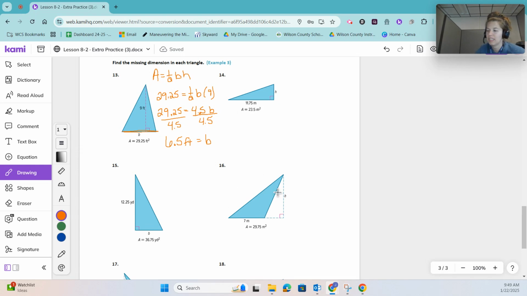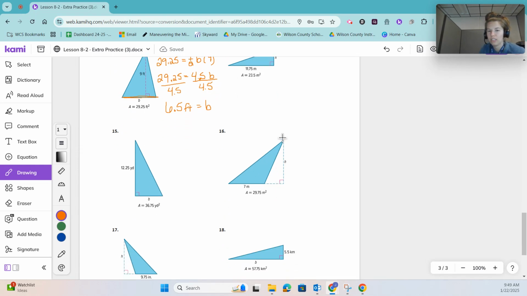Let's come down and do this number 16 because this shows the height outside of that triangle. And remember, you have to use a height that is perpendicular to that base. It doesn't have to be the edge of a triangle. So the height is this vertical distance. So area equals 1/2 base times height. 29.75 equals 1/2 of 7 times the height. 1/2 times 7 is going to give me 3.5, so I have 29.75 equals 3.5h.